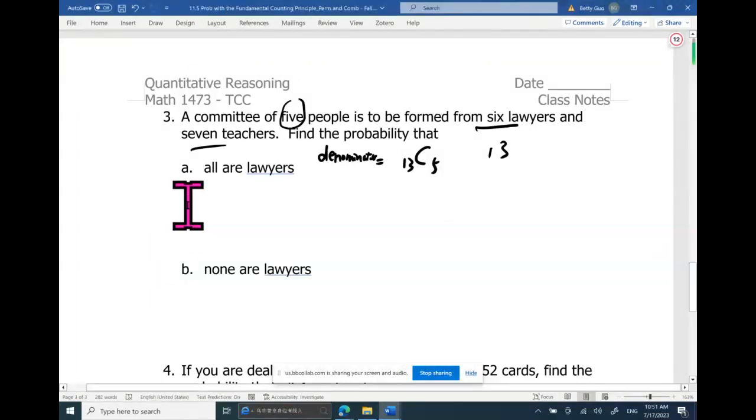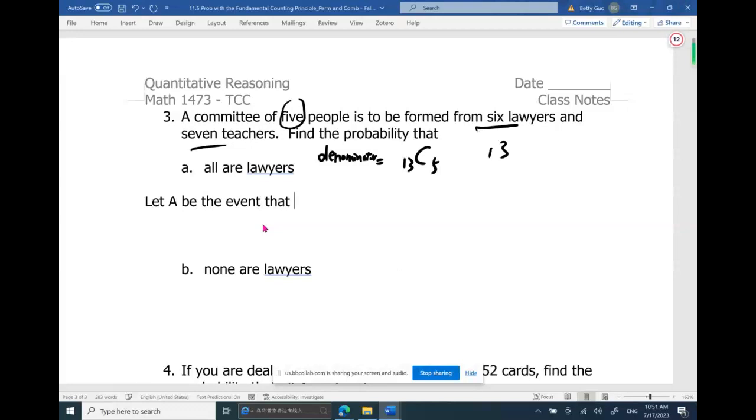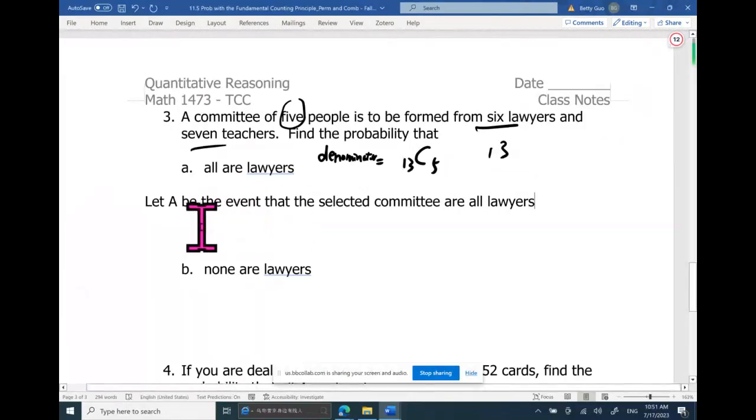Okay, part A, you can do this. Let A be the event that we select the committee and all are lawyers. Then P(A), this is a classical model.